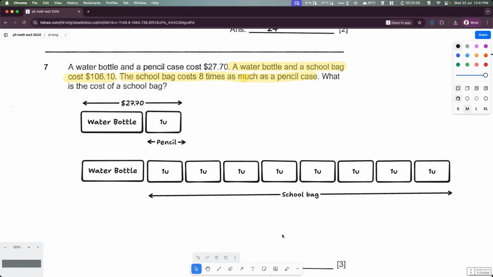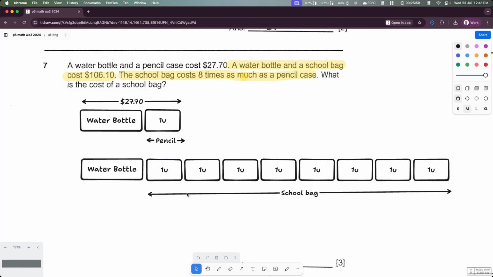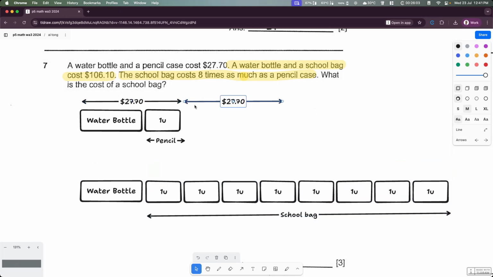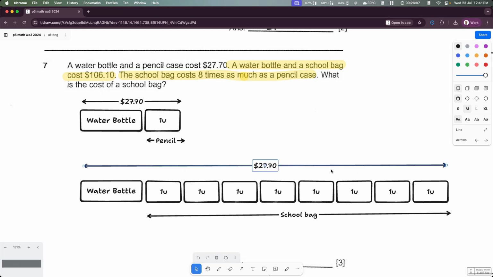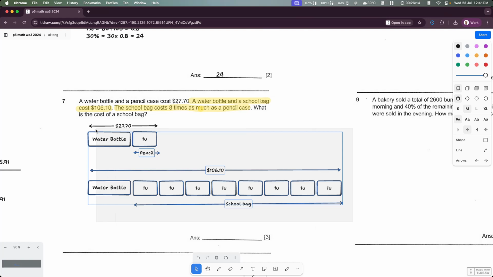So now we know that this is the school bag, and in total, it is $106.10. Okay. So now from this, can we solve it?